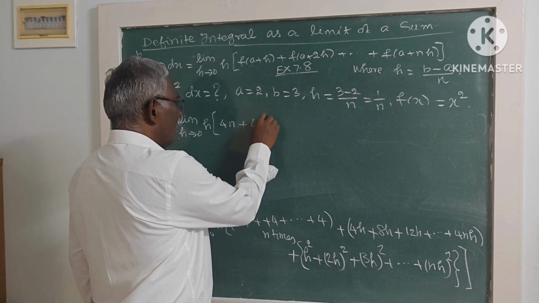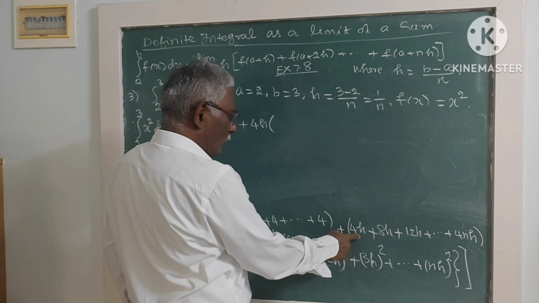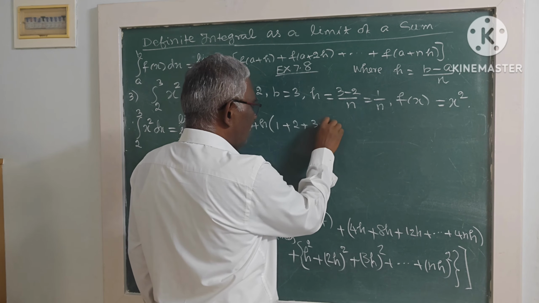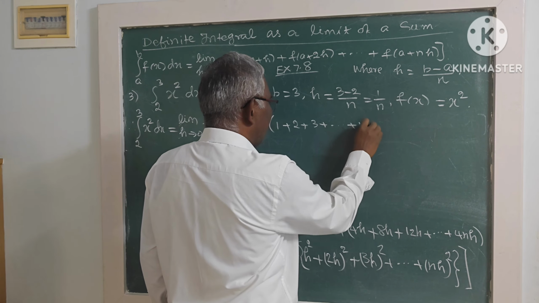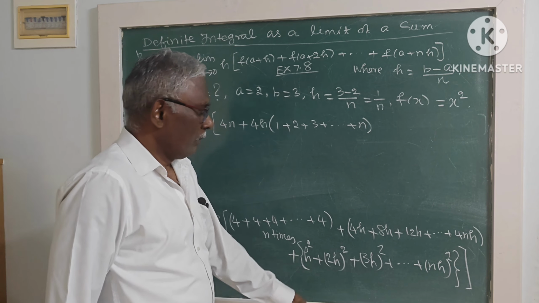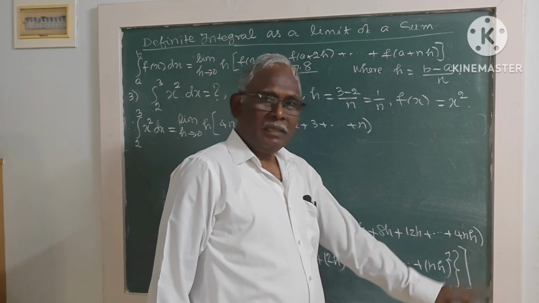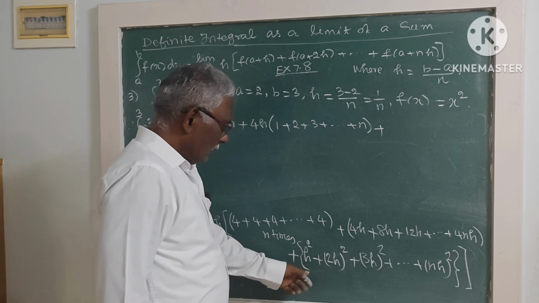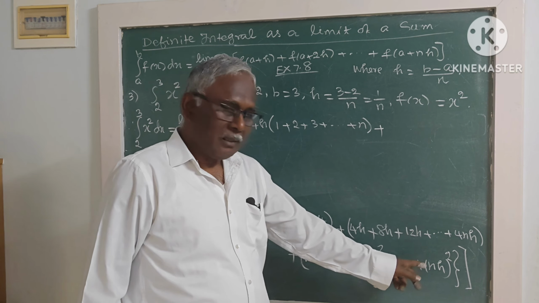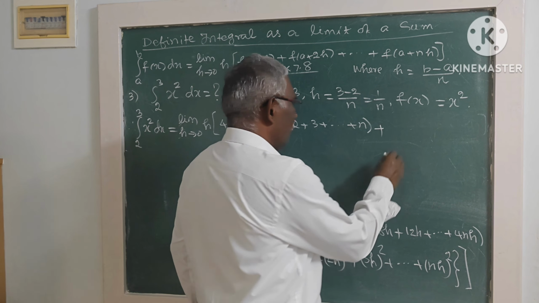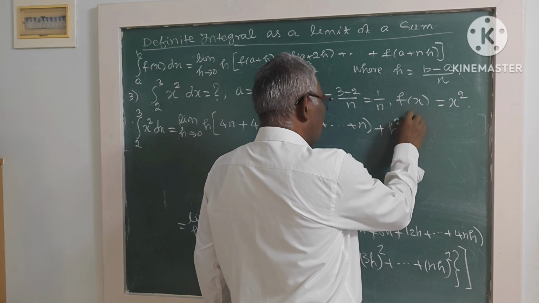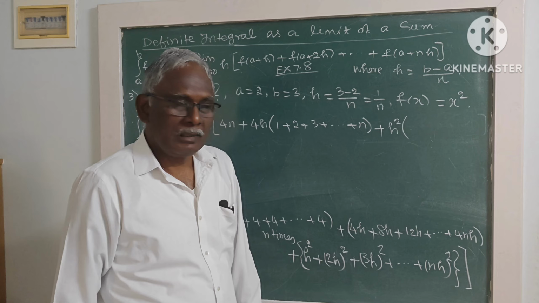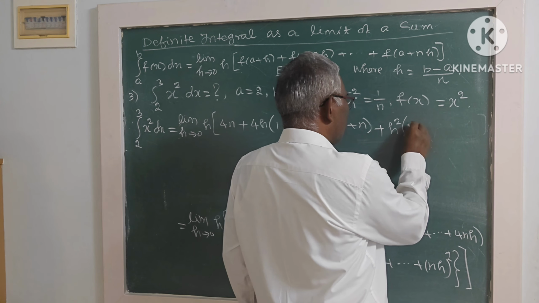So if we take 4h outside, what will come? 1, 2, 3 plus etc. plus n. 4h if we take outside, n comes. Plus, here we take h square commonly outside. Once we take h square outside, 1 square plus 2 square plus 3 square plus etc. plus n square.